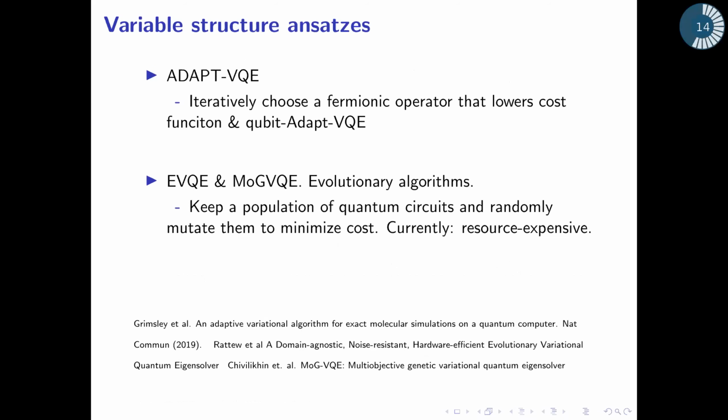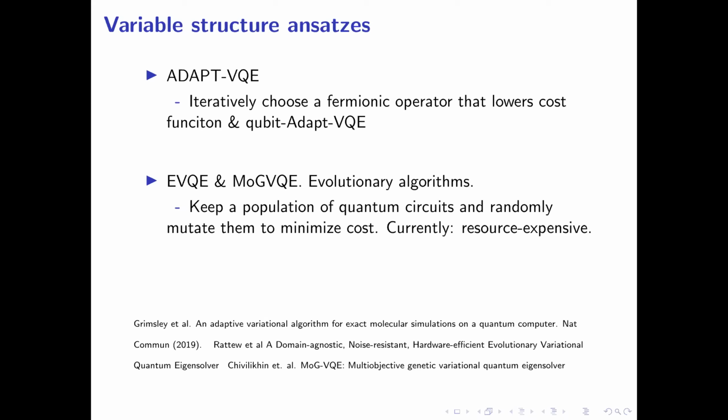There has been plenty of work recently on constructing variable ansatz structures. For instance, there is ADAPT-VQE, which Sophia Economou talked about a couple of days ago in this conference, where one iteratively chooses the fermionic operator to append to the circuit that empirically lowers the energy. Although this leads to some depth overhead, they have modified the algorithm to make it more hardware friendly, and this update is known as qubit-ADAPT-VQE, and I think it's very promising.